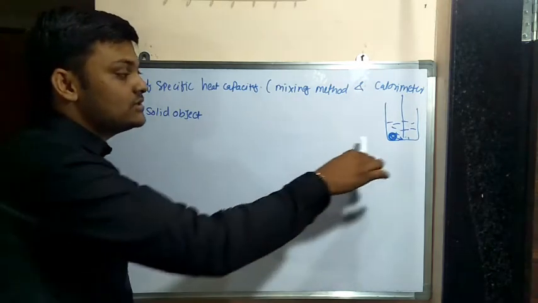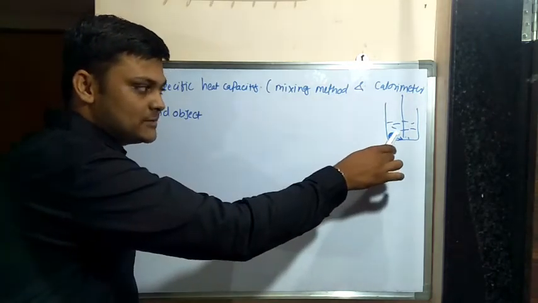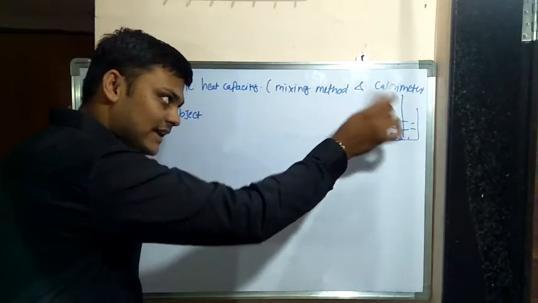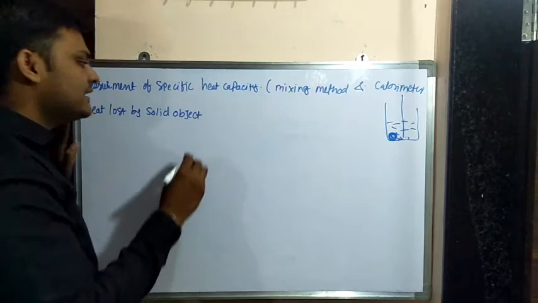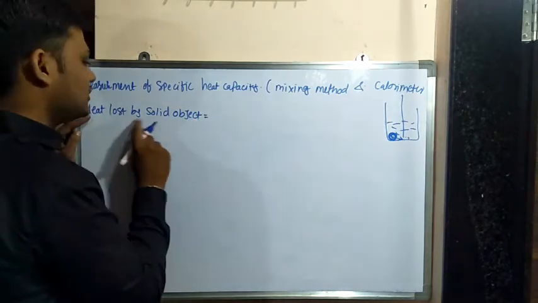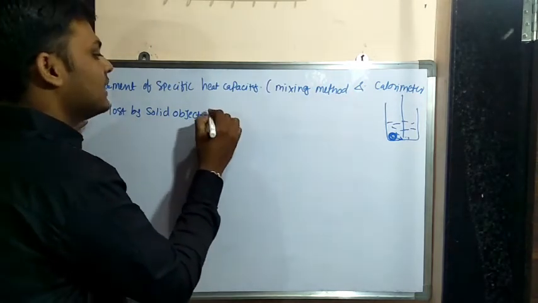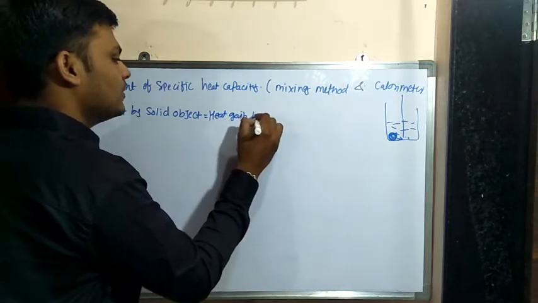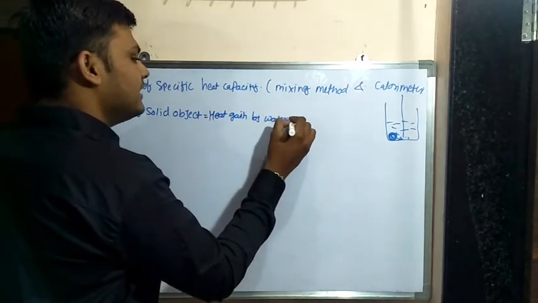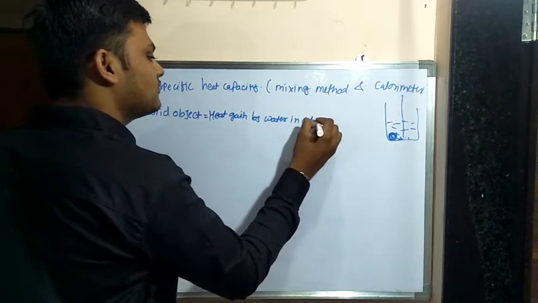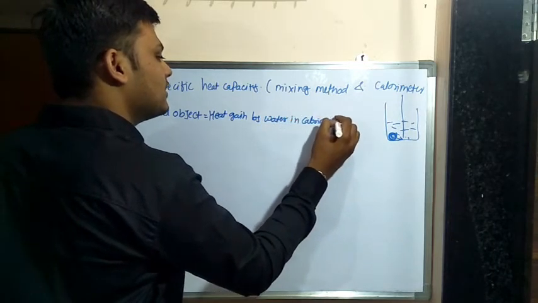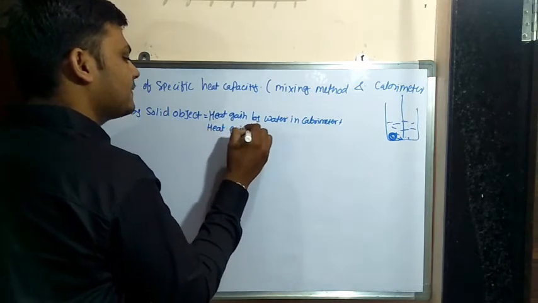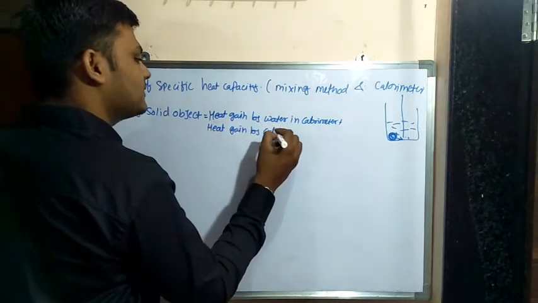Just tell me students, whatever heat is lost by the ball is absorbed by the water and the calorimeter. Okay, now how can we say: heat lost by solid object is equal to heat gained by water in calorimeter plus heat gained by calorimeter.